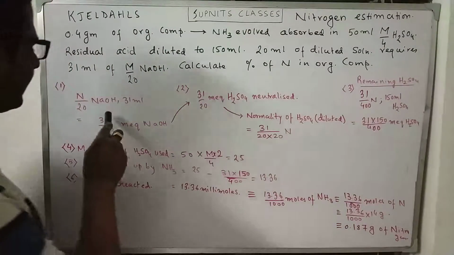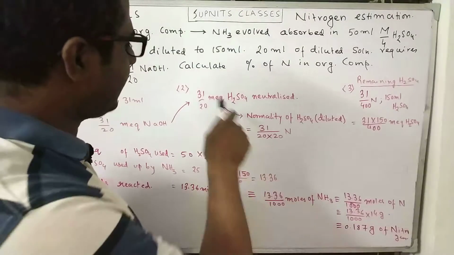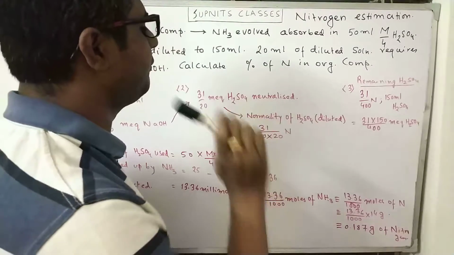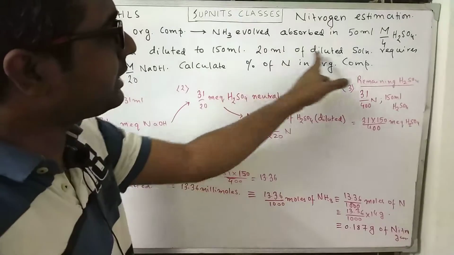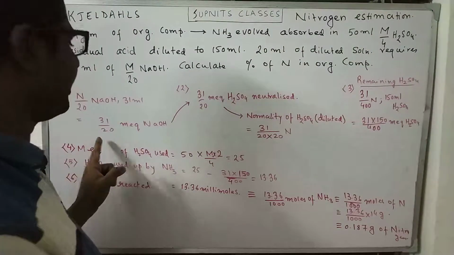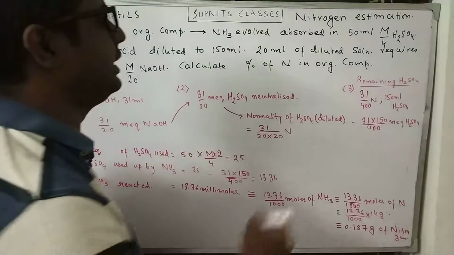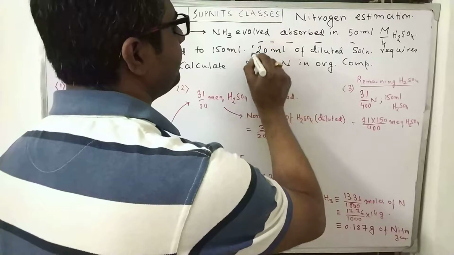So, 31 by 20 milli equivalent of NaOH will require 31 by 20 milli equivalent of H2SO4. So this diluted solution has the same milli equivalent as NaOH.